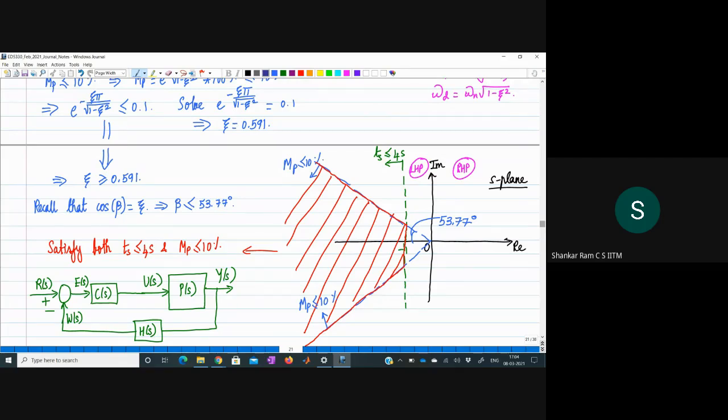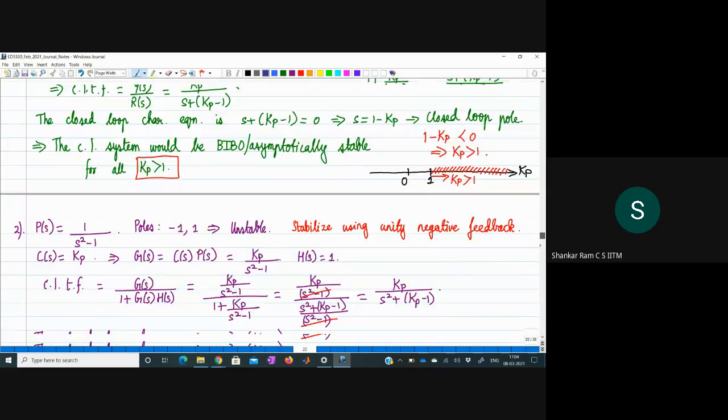So we are able to achieve both stability and performance, and at the same time figure out what ranges of the design parameter will satisfy both. That way, root locus is a very useful technique.